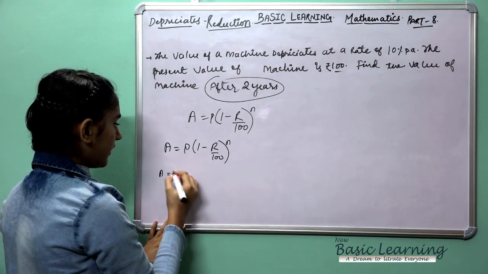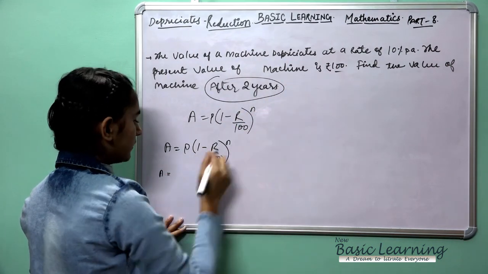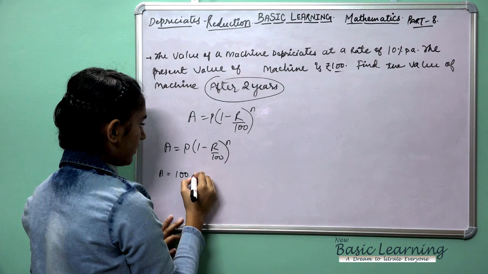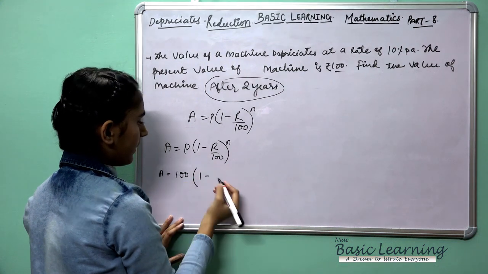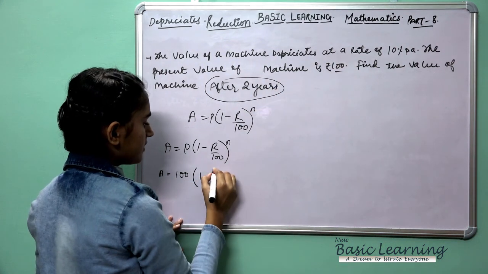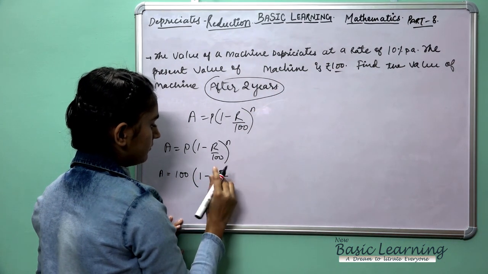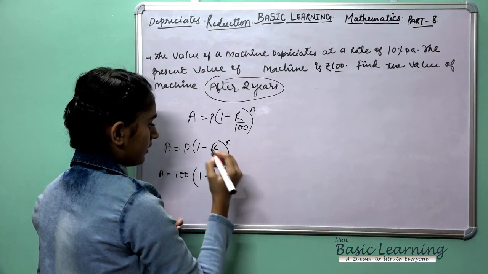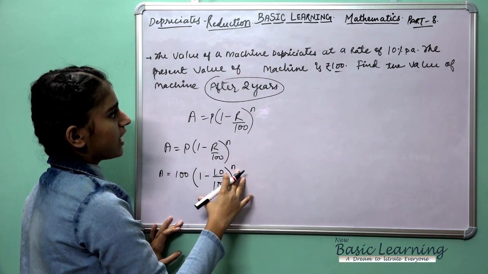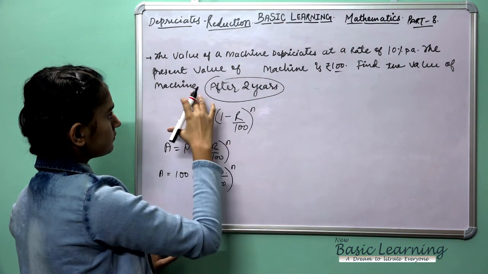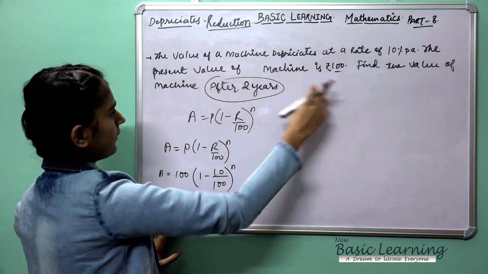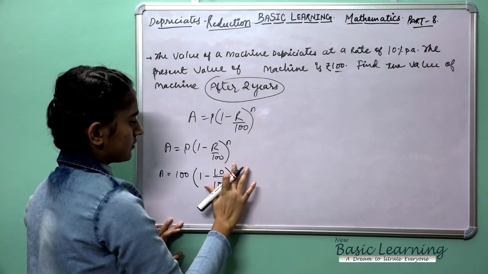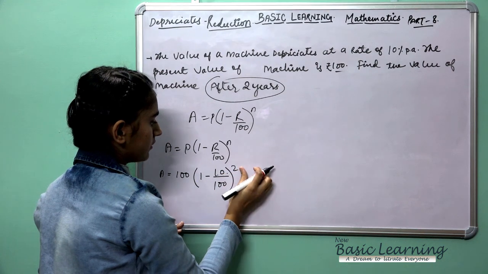Principal is taken as the present value, that is rupees 100. 1 minus the rate 10% upon 100, to the power n, and the time duration is given: find the value after 2 years, so n is 2.